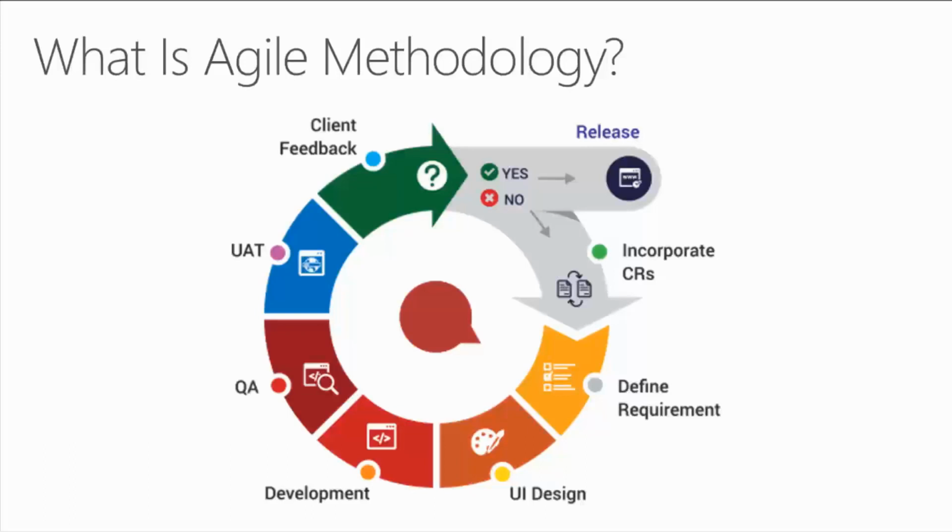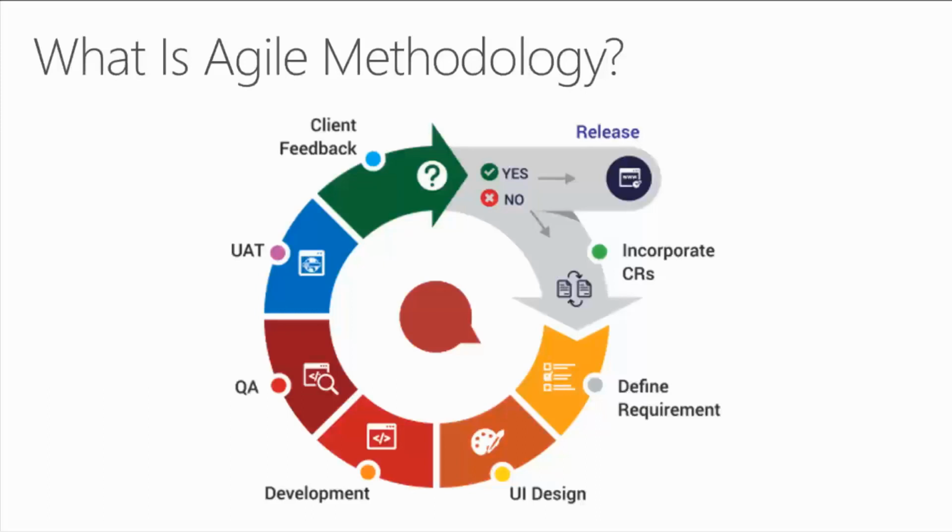Then we get into the UAT phase, which is the user acceptance testing. And this is at the client end, typically. We also receive the client feedback towards the end before releasing. And if the client says, yes, it works fine, everything looks great, we release it. Otherwise, we go back to defining requirements, UI design.